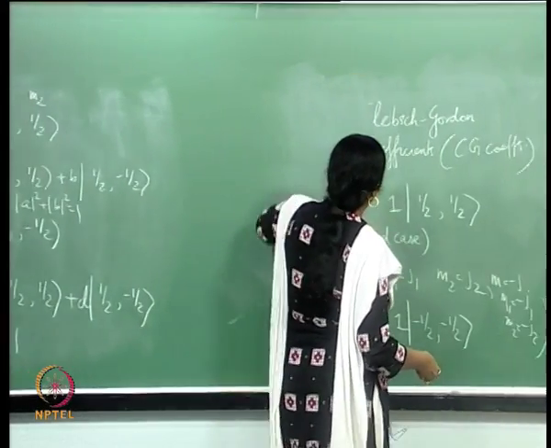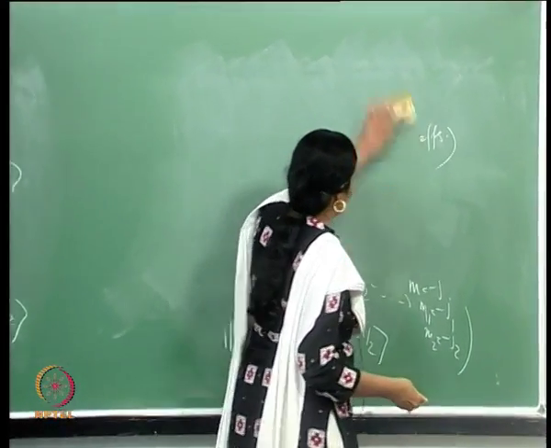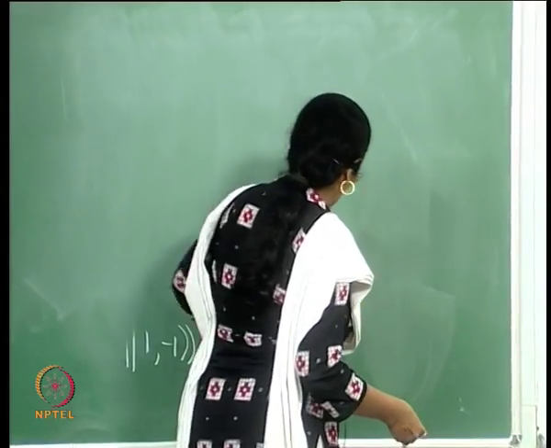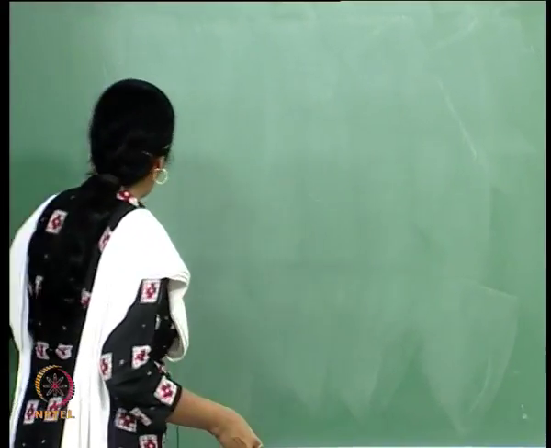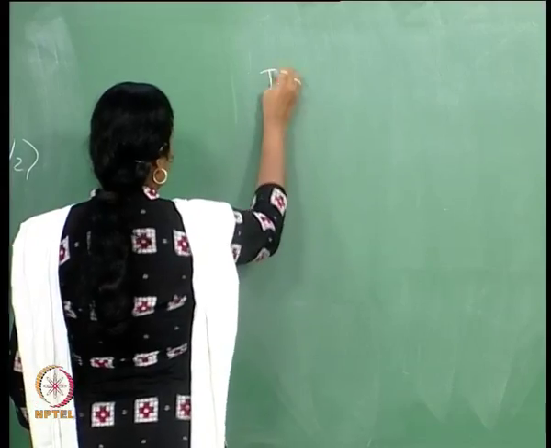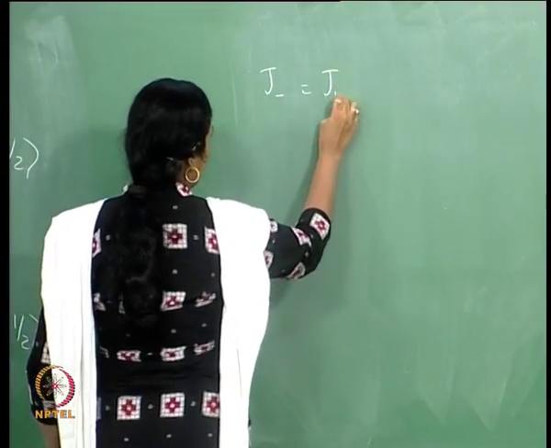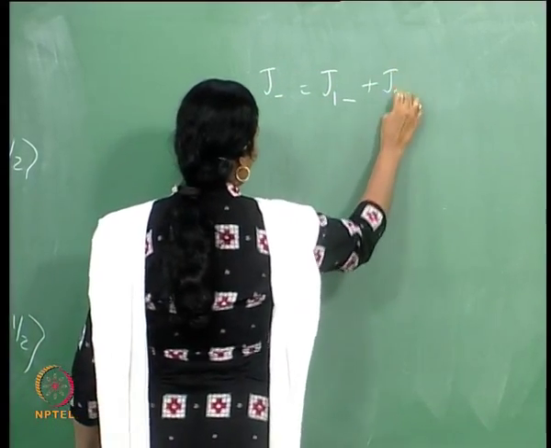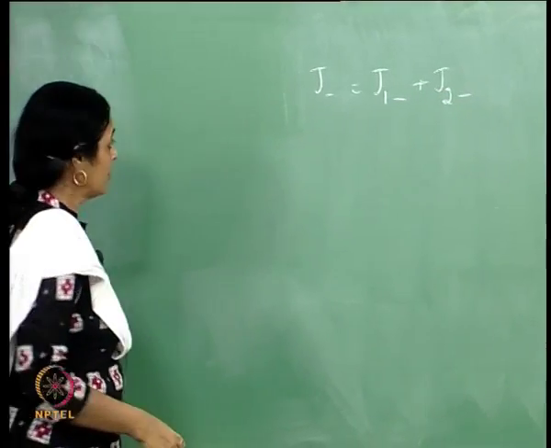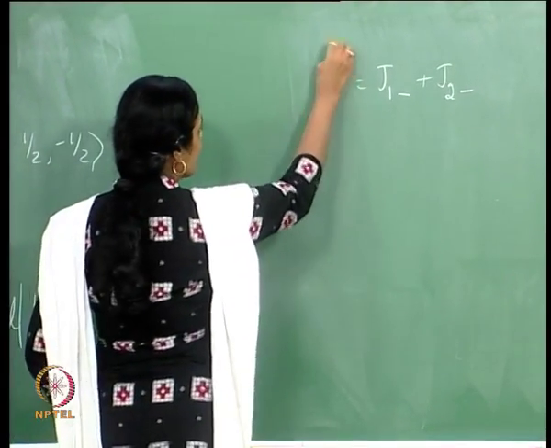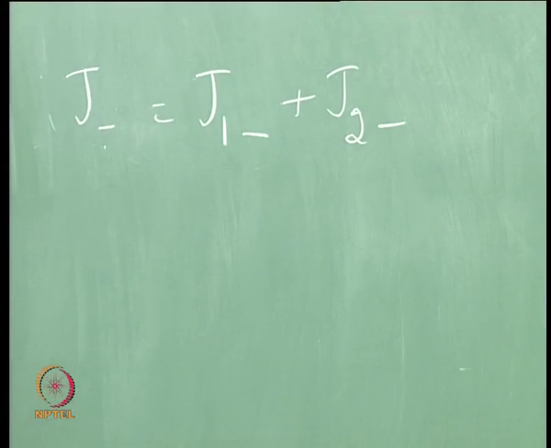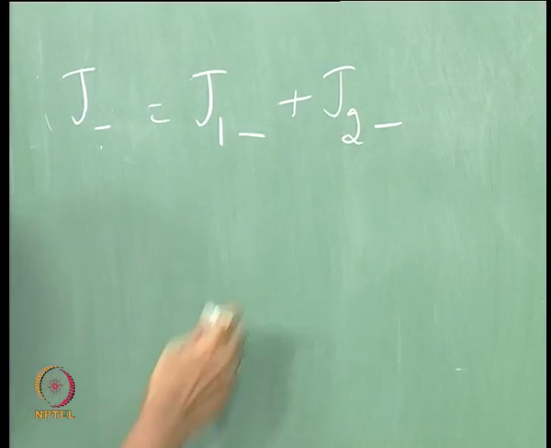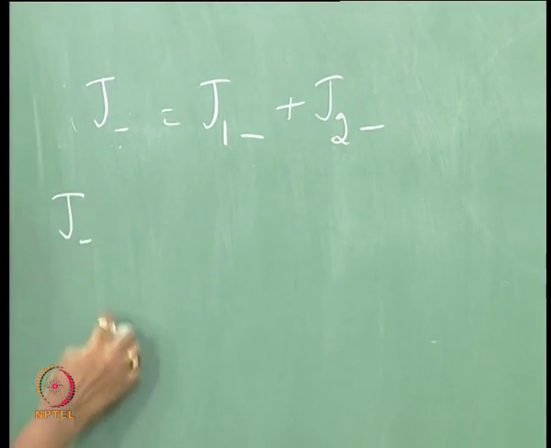We know the action of J minus and J plus, the raising and lowering operators, on the angular momentum states. J minus is J1 minus plus J2 minus. J minus is the operator acting on the coupled basis, J1 minus on system 1 and J2 minus on system 2. It's clear.